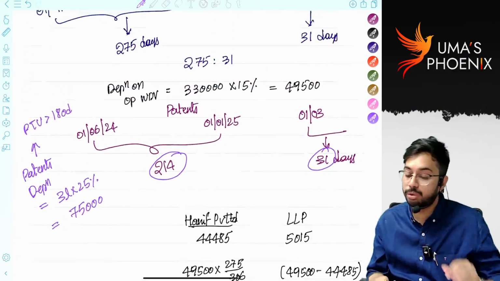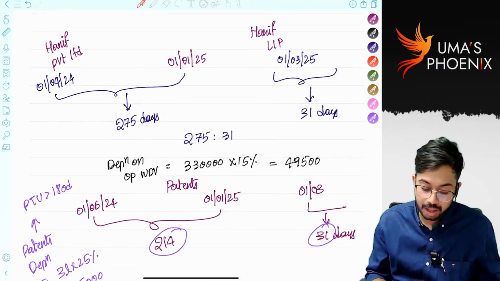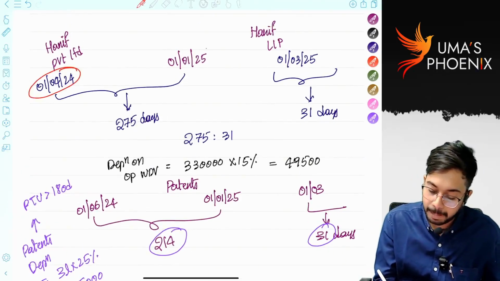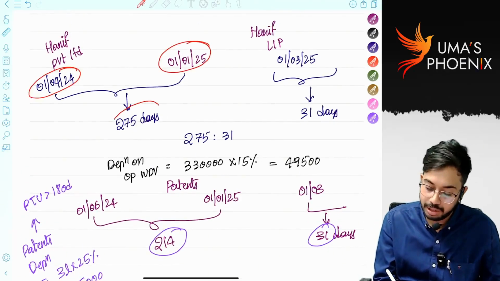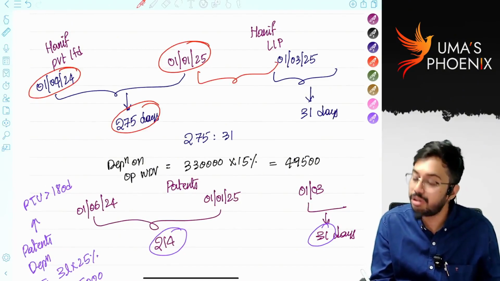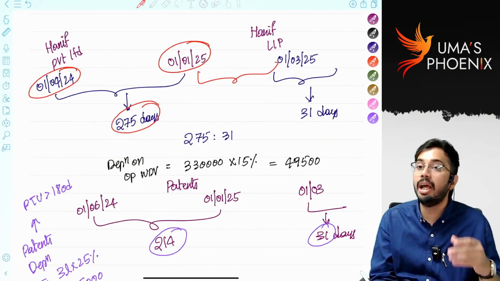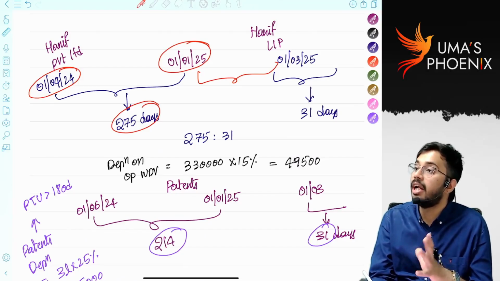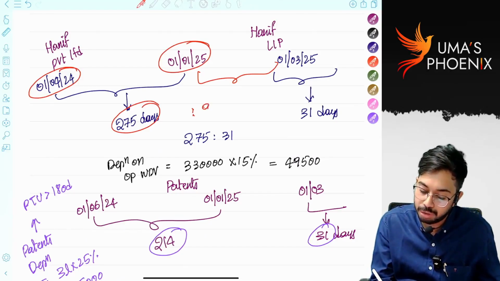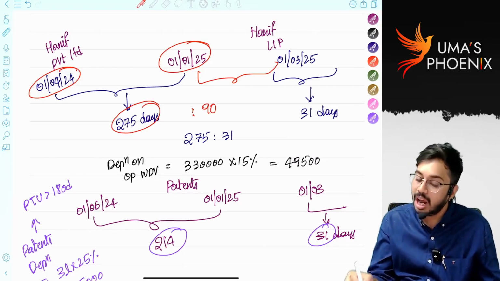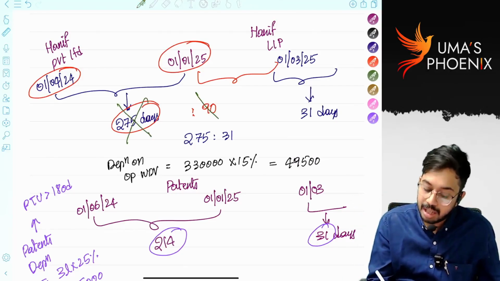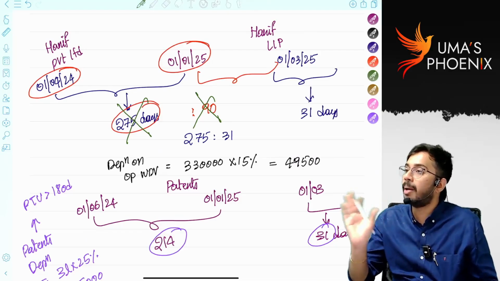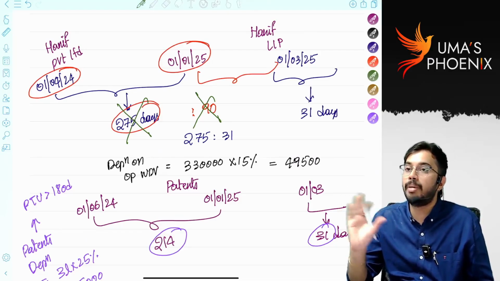Here, what will students do wrong? What they do is, from 1st April to 1st January, 275 days. From 1st January to 1st March they will calculate: January 31, February 28, March 31. It will be 90 days. Based on 275 is to 90 they will apportion, and it is completely wrong. You should not apportion based on the total number of days in a year.